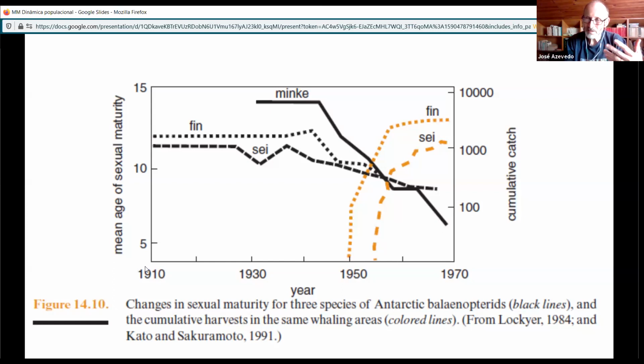So this means that maybe there is some kind of social control of sexual maturity, in the sense that if females are with their mothers or their aunts, or they have other females around, they, for some physiological reason, tend to delay their sexual maturity. Whereas if they're alone, and if the population density is smaller, these social controls are relaxed, and the whales mature earlier.